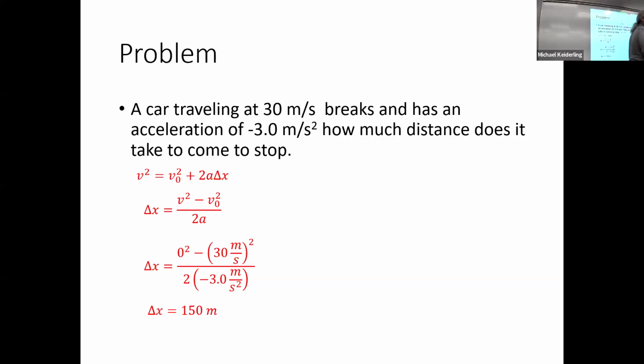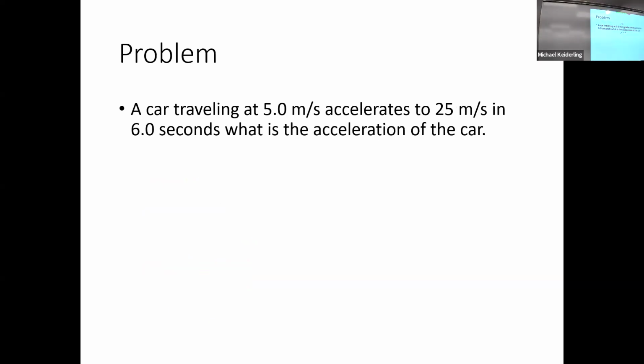Any questions? So if you have a car traveling at 5 meters per second and it accelerates to 25 meters per second in a time of 6 seconds, what is the acceleration of the car?